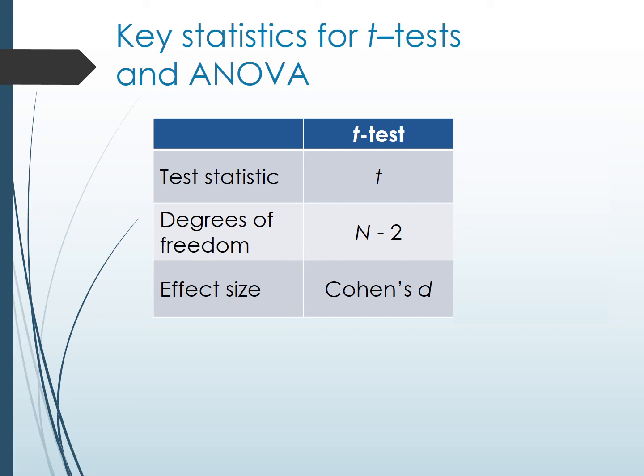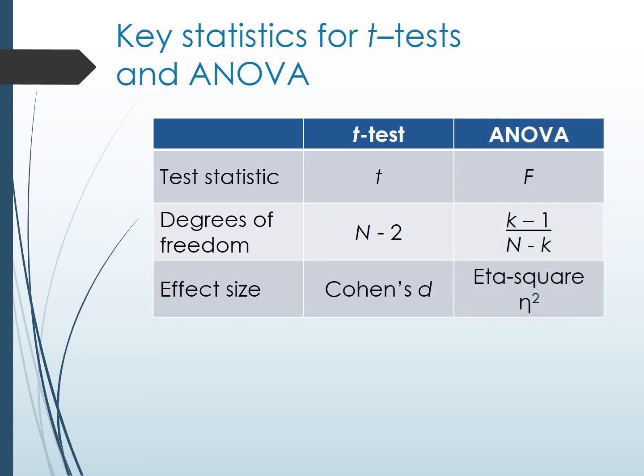Recall that in writing up the results of the t-test, it's appropriate to report the value of the t-statistic, including the degrees of freedom, as well as the effect size expressed as Cohen's d. The test statistic in ANOVA is the F-statistic. When reporting the value of the F-statistic, it's required that the two degrees of freedom are also included. The degrees of freedom are based on the number of groups, or K, and the total sample size, N. The effect size in an ANOVA is expressed as eta square.